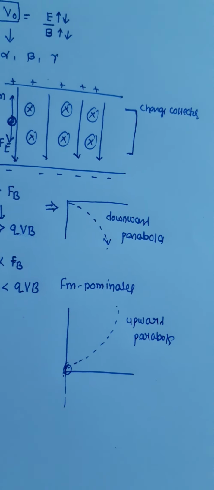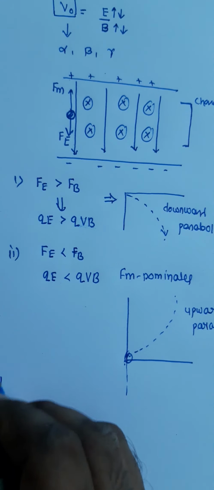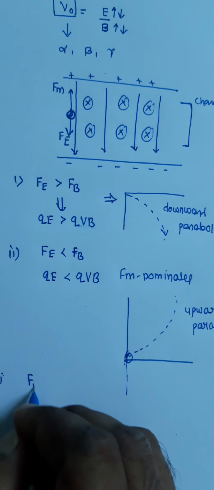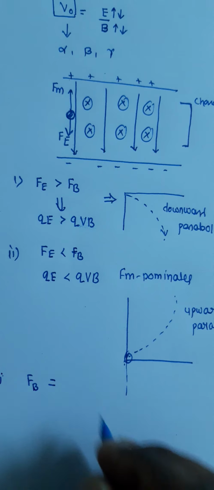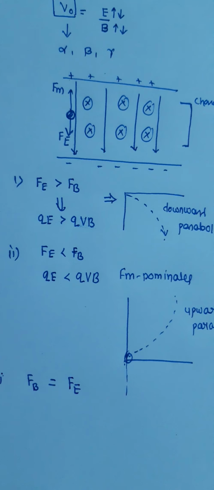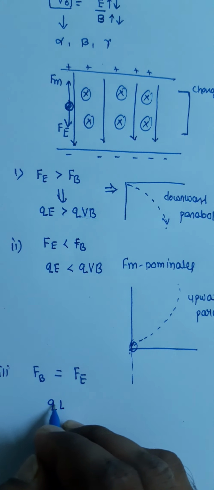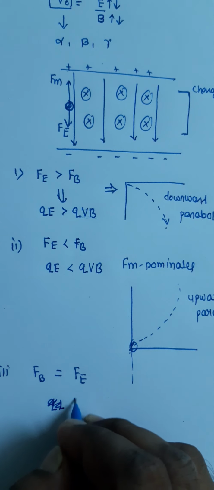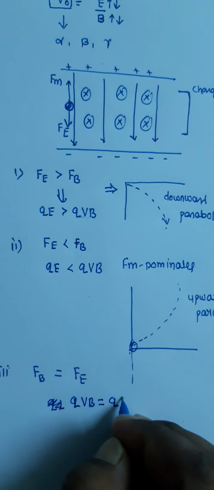What is the third case? The third case is when Fb, the magnetic force, is equal to the electric force Fe. In this case we equate both: QVB equals QE.